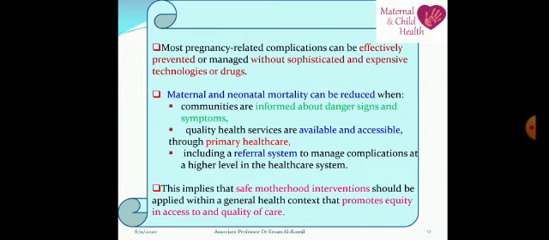It is important to know where we are going to refer the mother to the hospital if she has a home delivery. So it is important to have information about this referral system. So this implies that safe motherhood intervention should be applied within a general health context that promotes equity in access and quality of care.